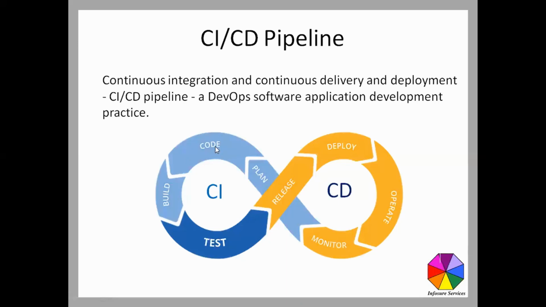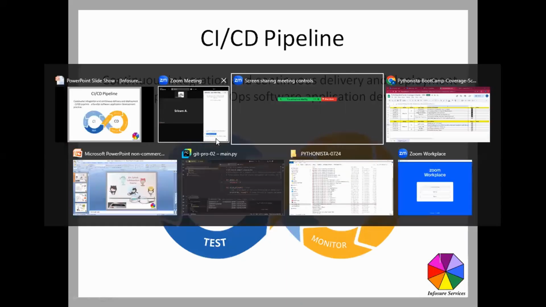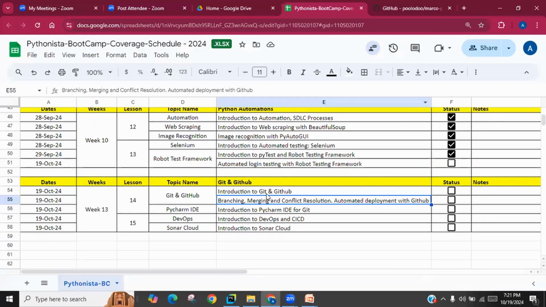But let me pause here. What we have done is go over Git and GitHub at a high level. We understood the concepts of branching, merging, what a repository is, and what conflict resolution is, and so on.